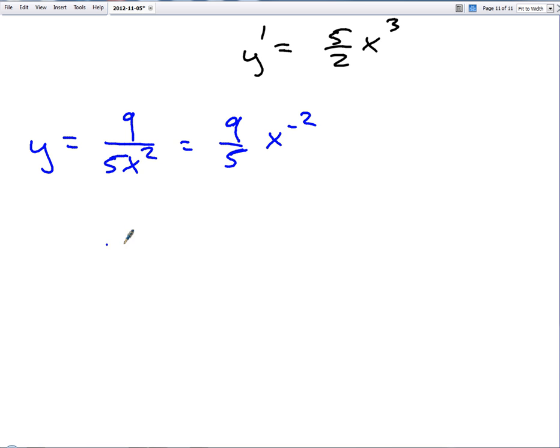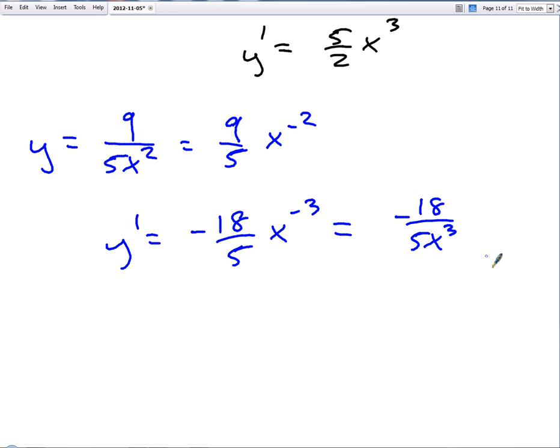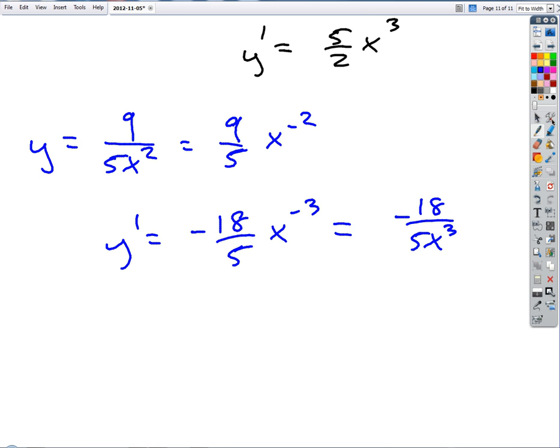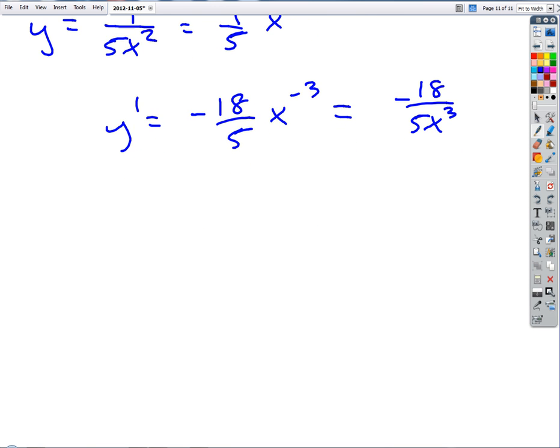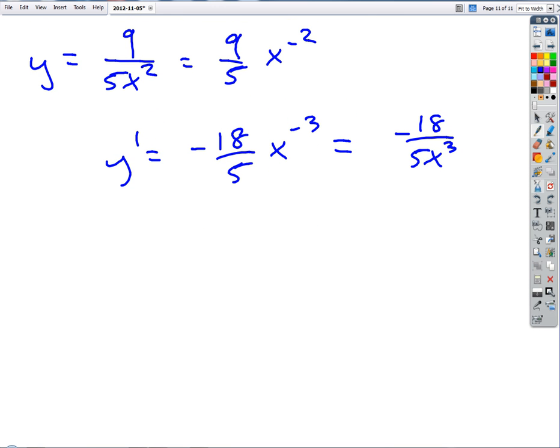So what's y prime then? Good, negative 18/5 x to the negative 3. And if I want to write that in terms of a positive exponent, what is that? Yeah, good. Okay. So once again, we can avoid the quotient rule. All right.